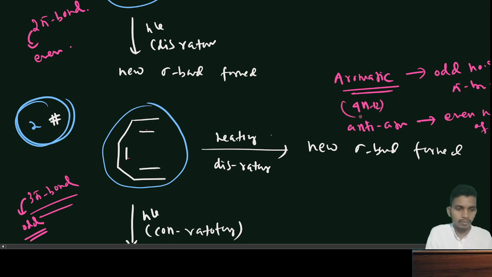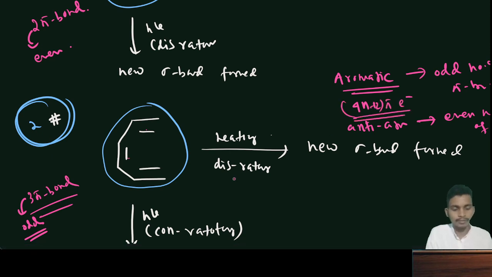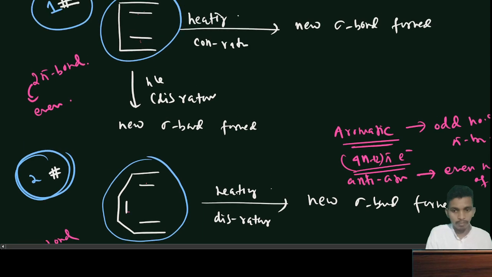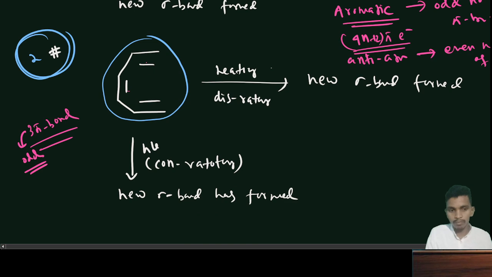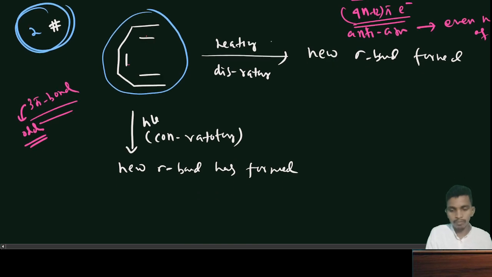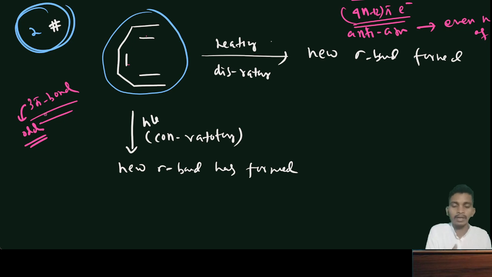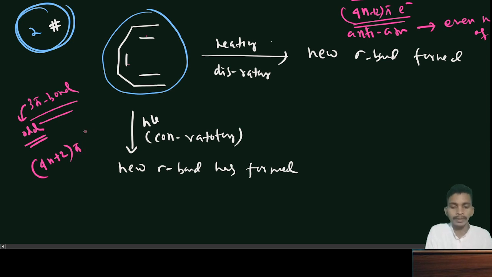pi electrons. So here the trick is: if it is odd, then it falls in 4n plus 2 pi, where n is equal to 1, 2 and 3.